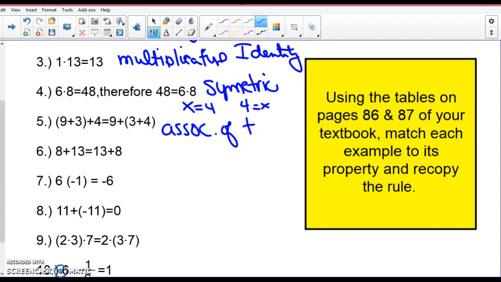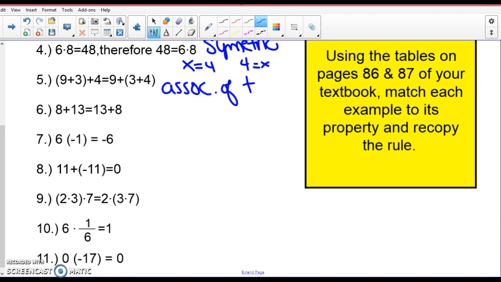All right, so you're done. Okay. What property is 6? Thomas. Yep, commutative of addition. What property is this? It's a variation of it. Lexi?